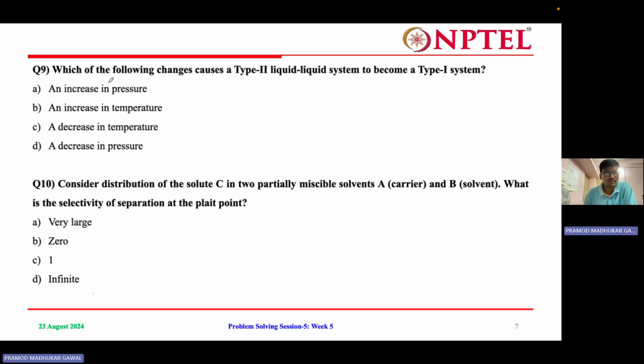Moving to question number 9: which of the following changes causes a type 2 liquid system to become a type 1 system? So it changes by increasing the temperature. Here we have AC, BC, and AB, right?